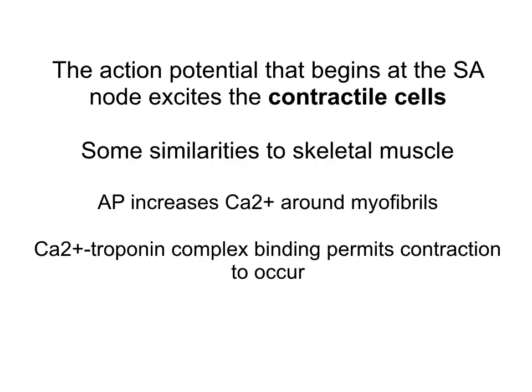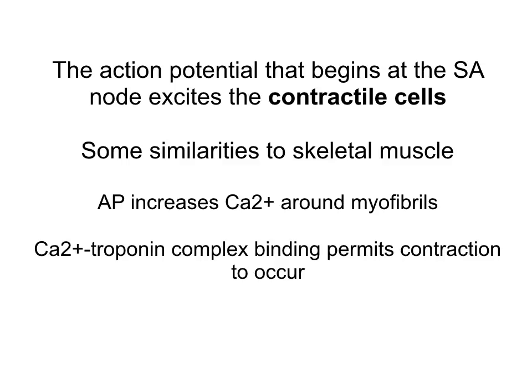The action potential that begins at the sinoatrial node and then spreads throughout the entire heart is going to excite your contractile cells. And the contractile cells have some similarities to the skeletal muscle fibers you learned about in A&P1. The action potential is going to lead to an increase in calcium around the myofibrils within the cell.